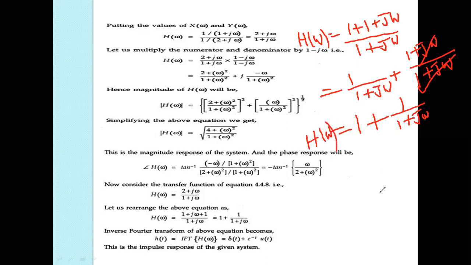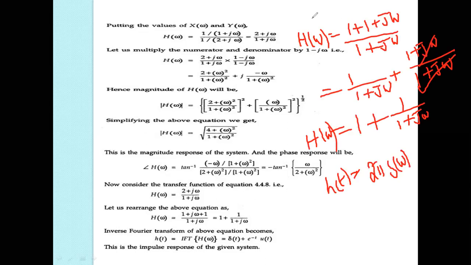Now you can apply the inverse Fourier transformation of h of omega to get h of t. What is the Fourier transformation of 1? 2 pi delta of omega. Sorry, my dear students, I am not doing the Fourier transformation, it is the inverse Fourier transformation.